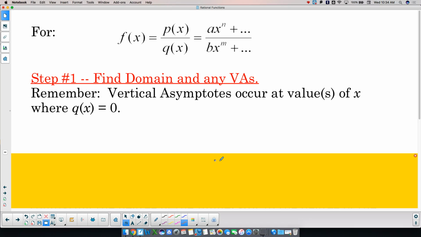Remember, vertical asymptotes occur at values of x where q of x is equal to 0, or we simply said that that is where my denominator is equal to 0. And I use that to find restrictions in my domain, which then finds me vertical asymptotes of my function.